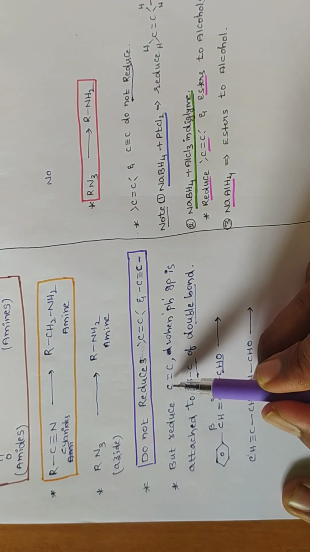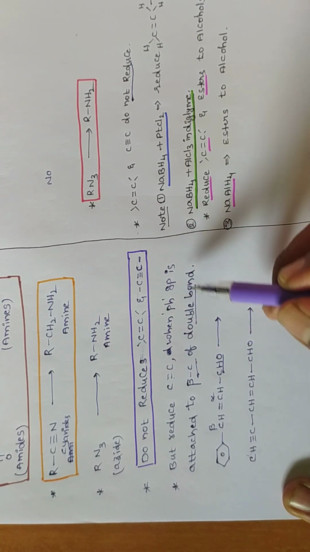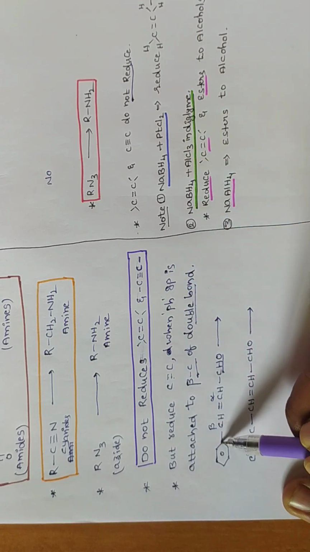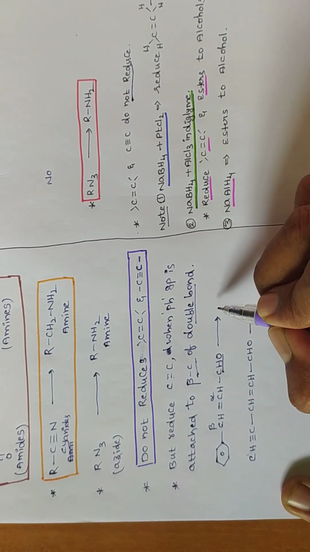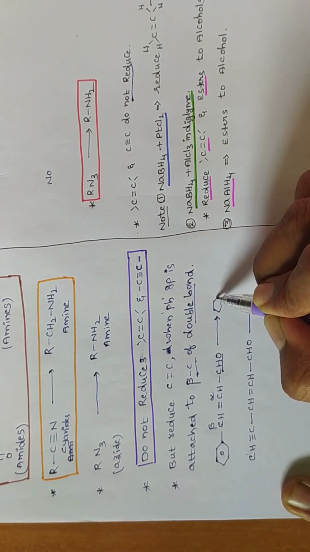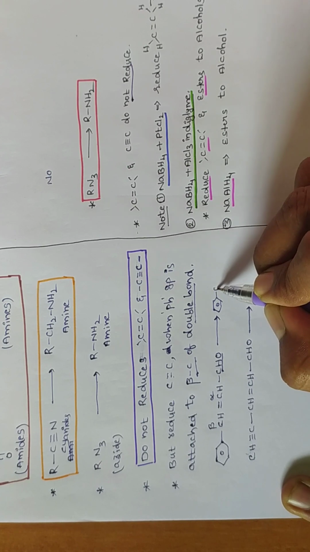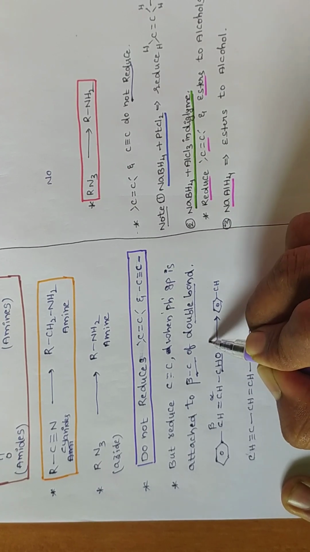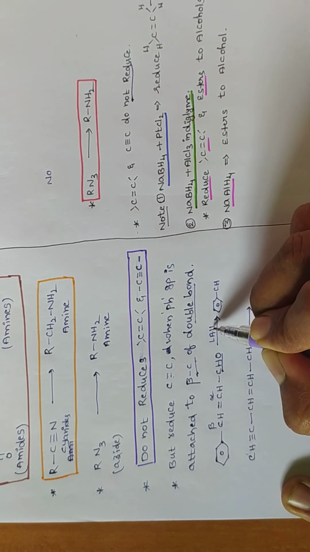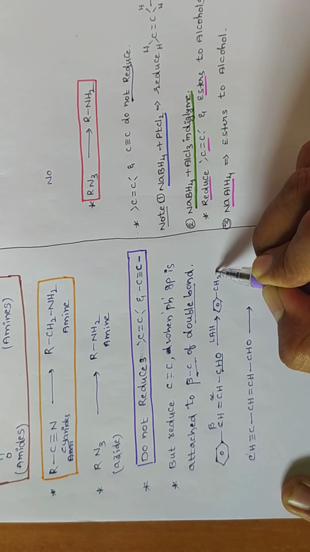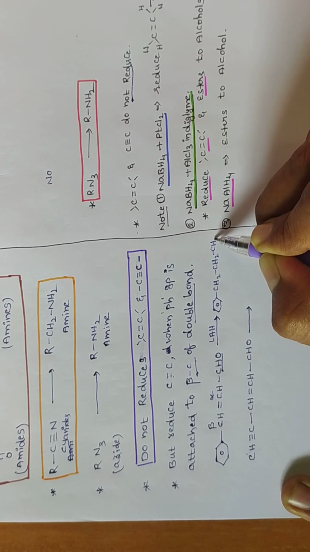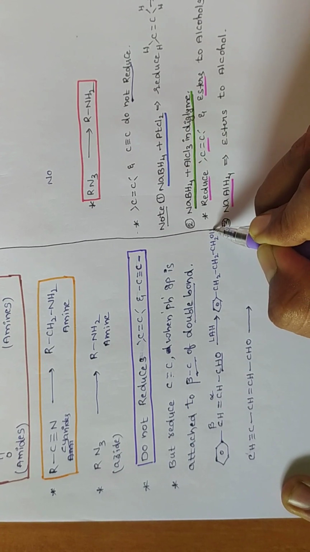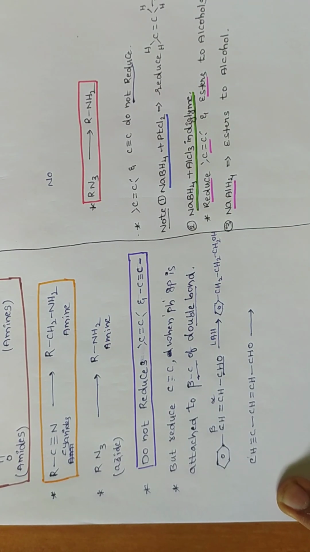It will reduce the carbon carbon double bond when the phenyl group is attached to the beta double bonded carbon. In the remaining cases, it cannot reduce the carbon carbon double bond. Only in this case will it reduce the carbon carbon double bond.